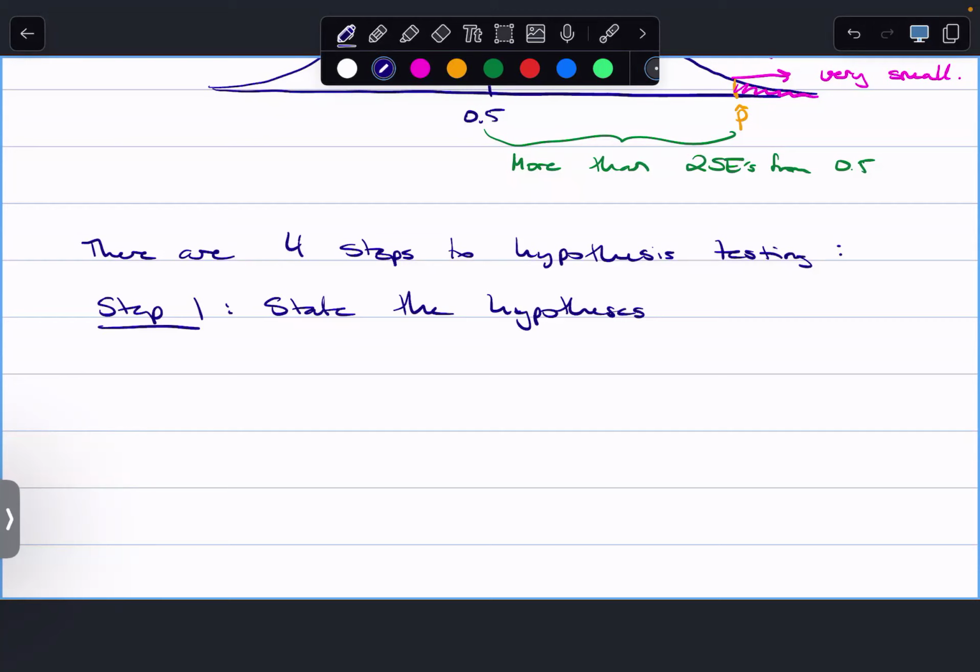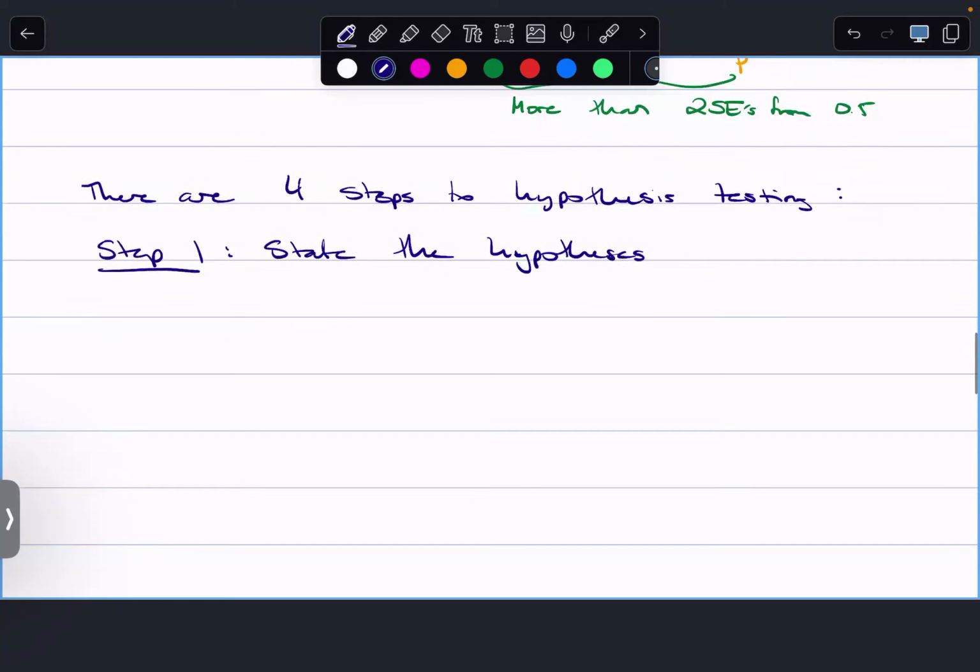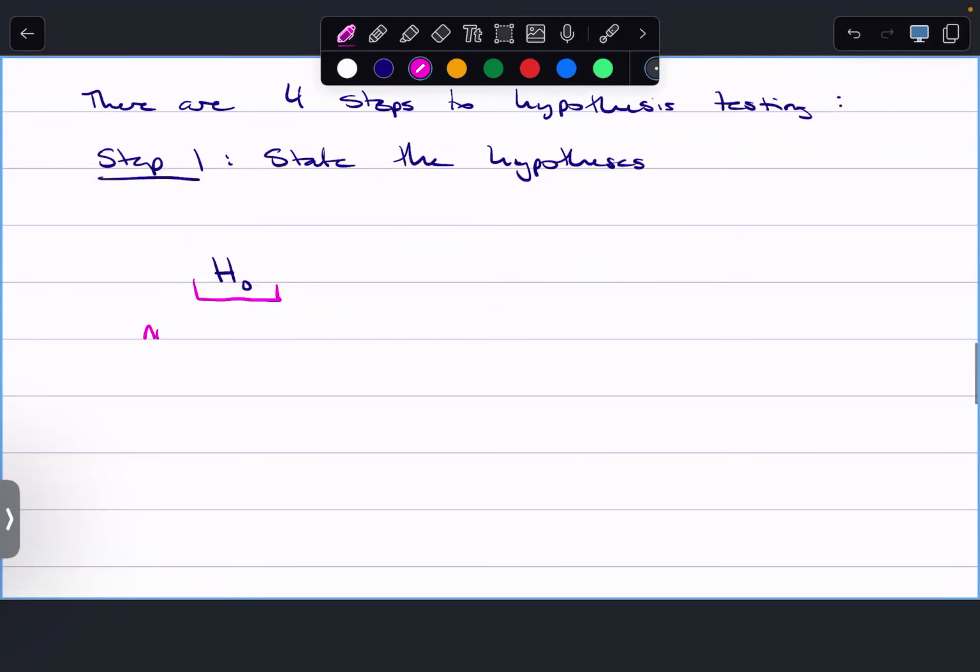We're going to have something called the null hypothesis, which is your initial hypothesis. It's a statement of no change, hence the null. Okay, and so the hypotheses are going to look like this. This is an H subscript 0, and this is the null hypothesis.